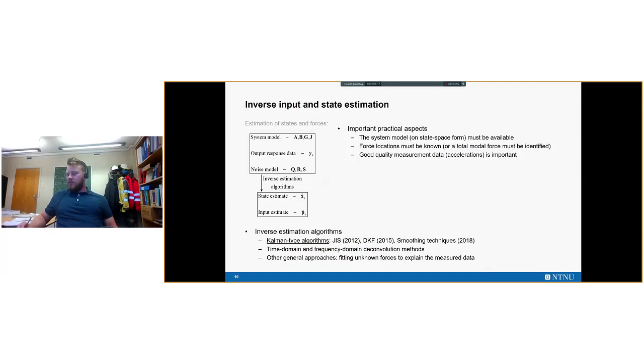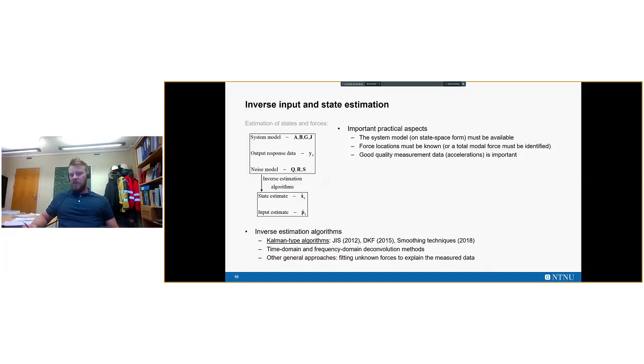Now, there are some important practical aspects we have to take into consideration when we do this inverse estimation. The first thing is that a system model on state space form must be available. And usually this is not a problem. We can establish a system model through finite element models, for example.